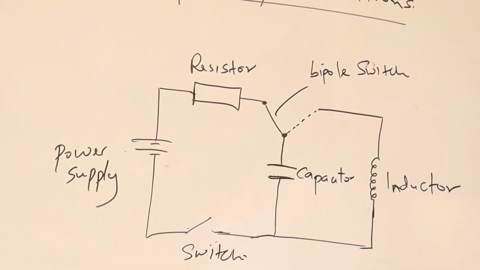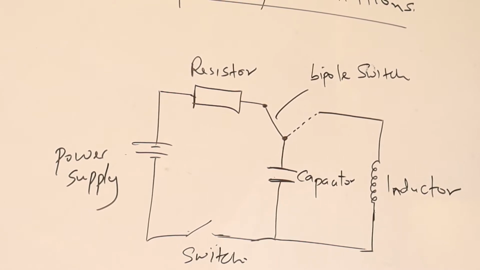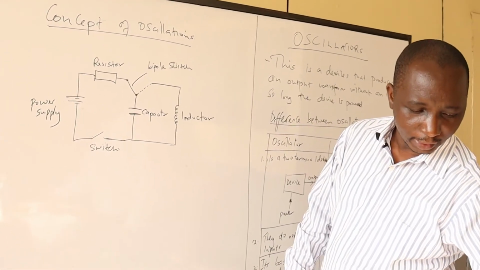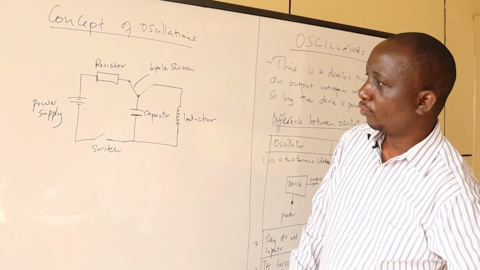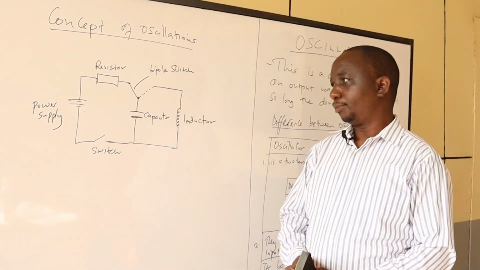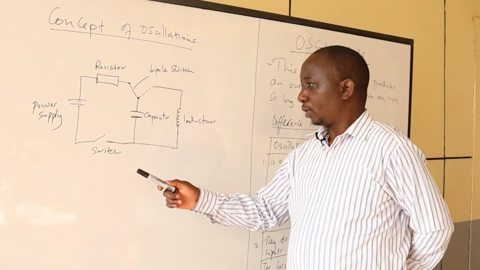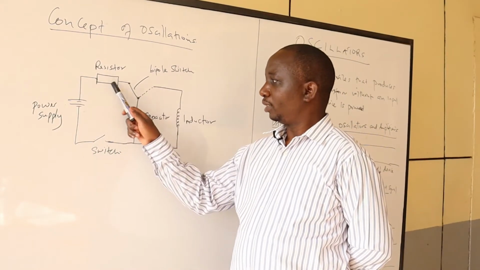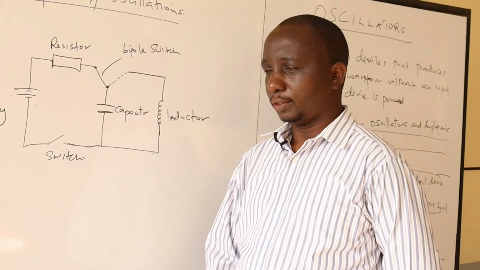For us to generate the oscillations, we must first charge a capacitor, then disconnect the charging circuit and connect the charged capacitor to the inductor. So first we close the switch, which completes the circuit all the way to the capacitor.